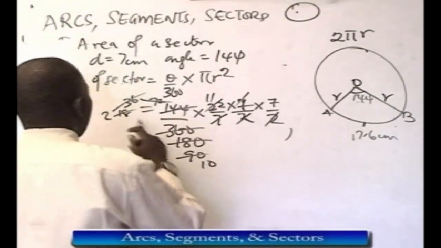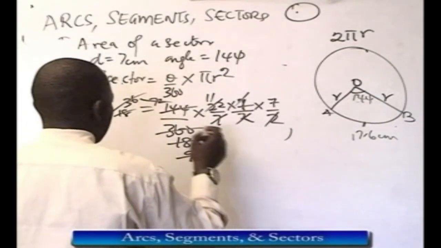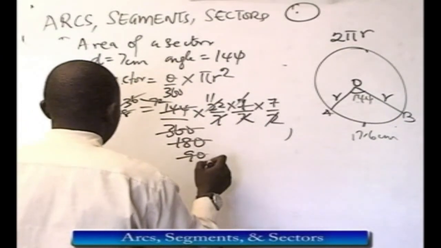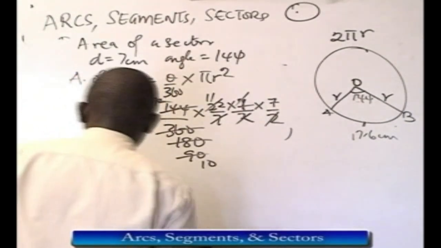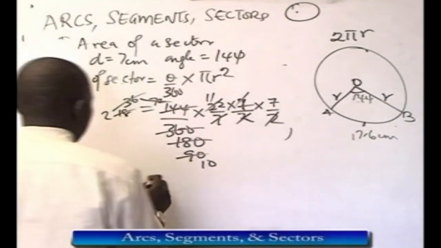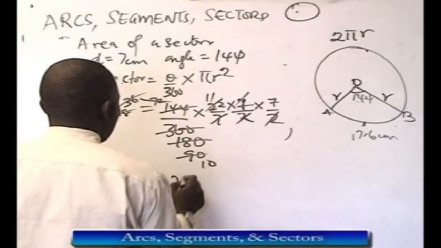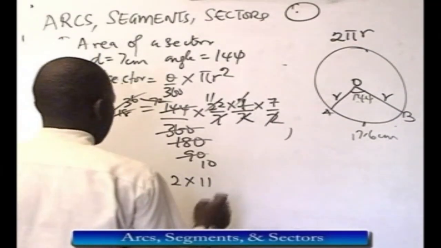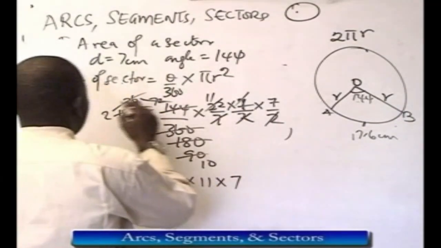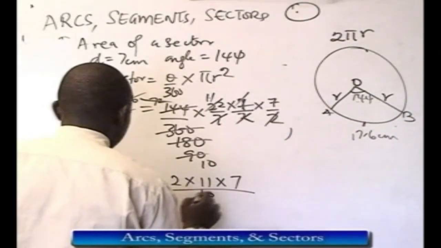So eventually you have 2 times 11 divided by 10, and there is a 2 that is left, so 2 times 11 times 7 divided by 10.